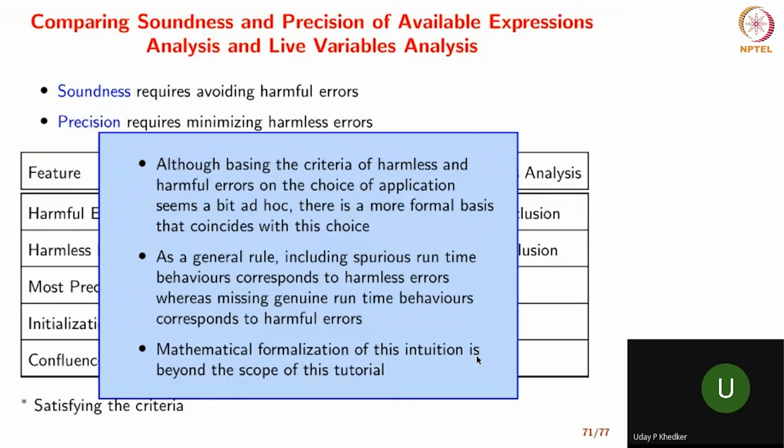I can tell you in a nutshell what we do there is the following. We create a concrete world, a concrete domain, and an abstract domain, then define an abstraction function which takes a set of concrete values and gives us the corresponding abstract value. We create a concretization function which takes an abstract value and gives us the corresponding set of concrete values, and then we do some nice mathematics.